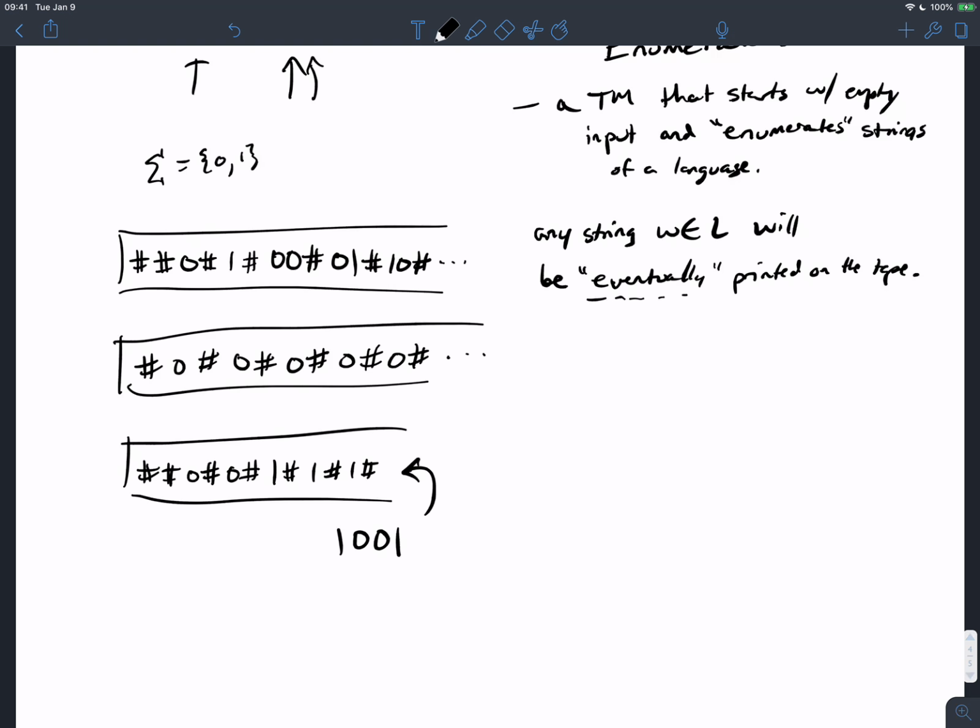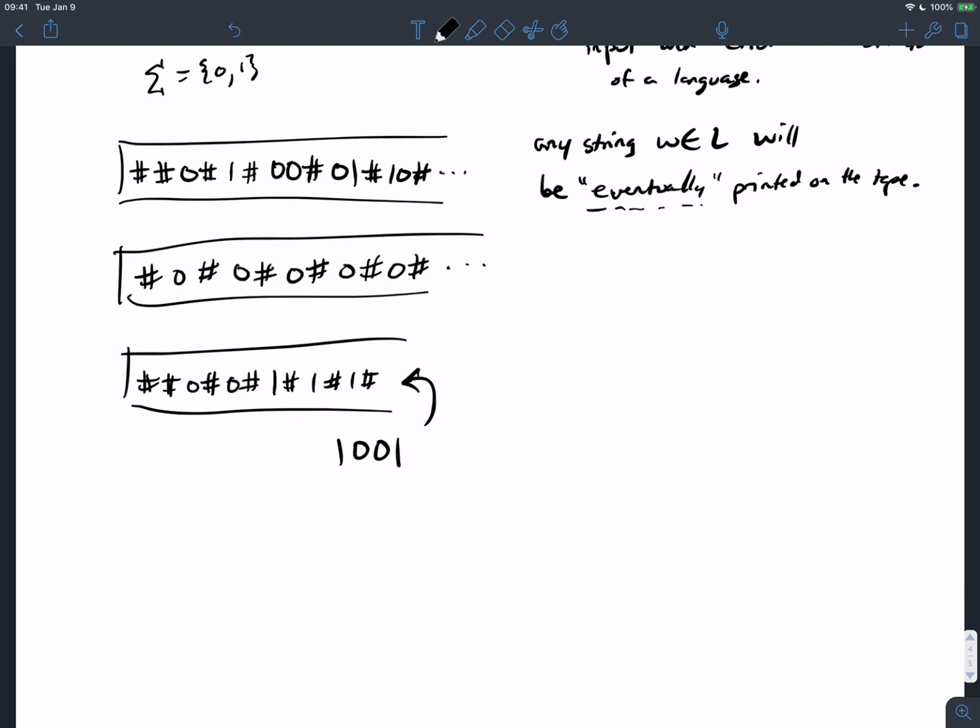So this is not a formal statement, and in fact, I don't have to list the members of the language in lexicographic order. For instance, if I list the positive integers as 5, 4, 3, 2, 1, then 10, 9, 8, 7, 6, and I carry on, where I shift these sets up by 5 repeatedly, I'm not listing them in lexicographic order, but I will eventually print any given integer.